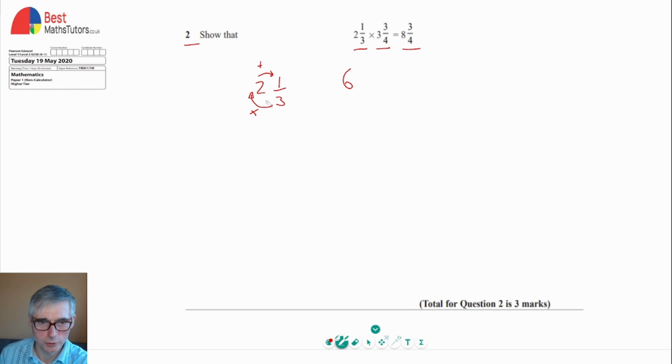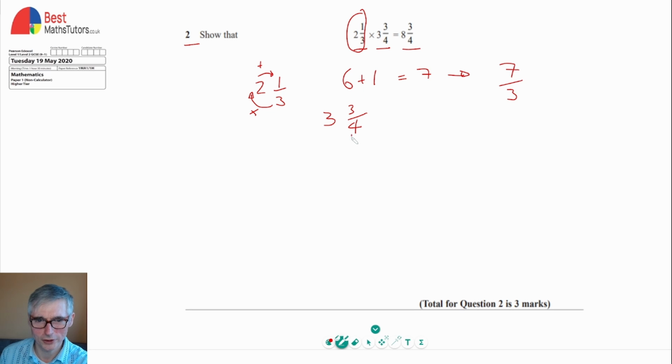So we multiply the denominator with the whole number at the front, then we add it to the top of the fraction, so 6 plus 1 is 7, so that becomes 7/3. So we've done that to get the top number of the fraction of the 2 1/3, so that equals 7/3.